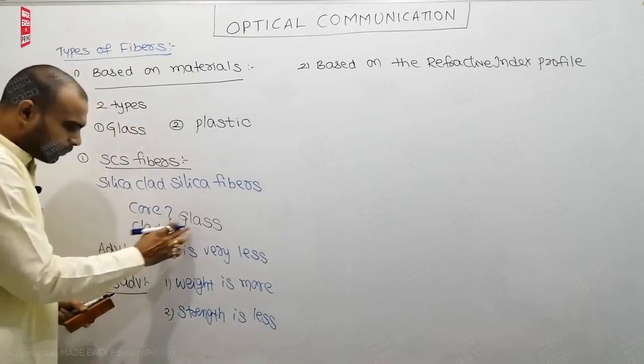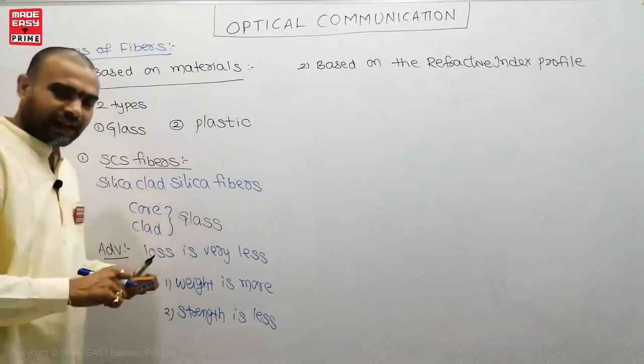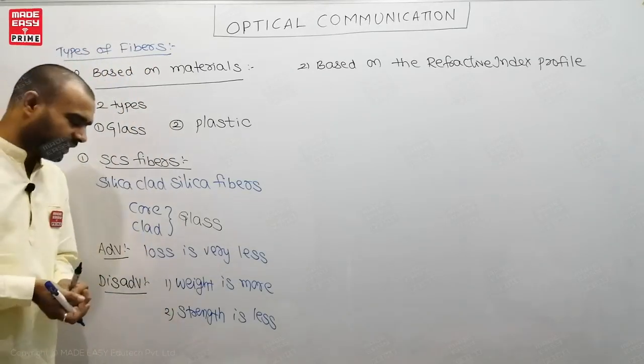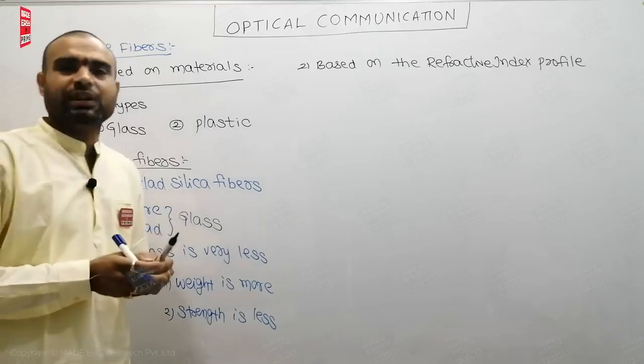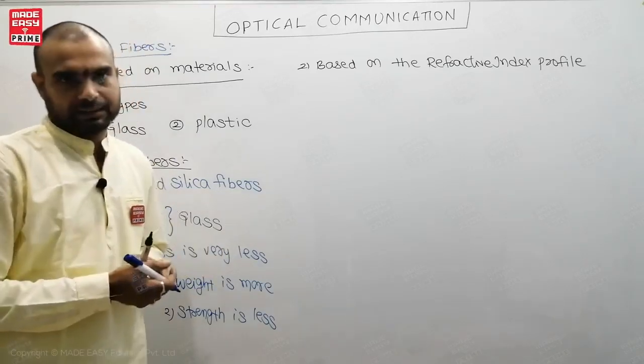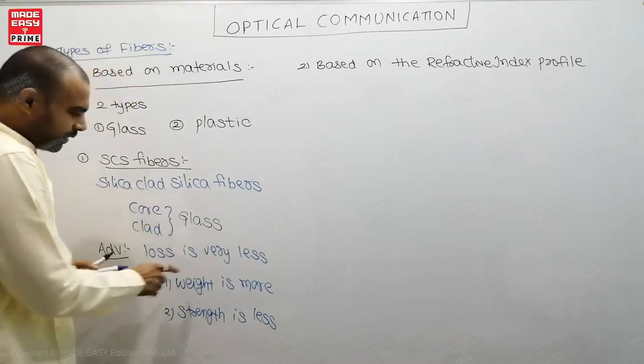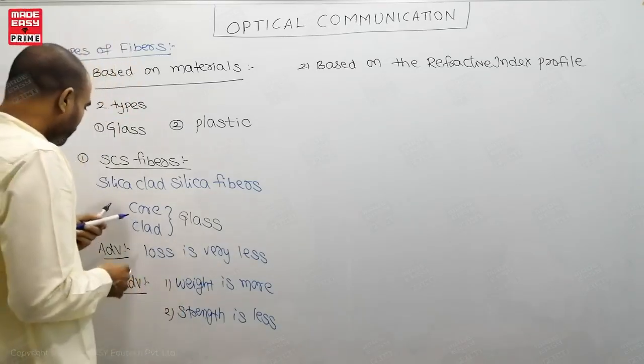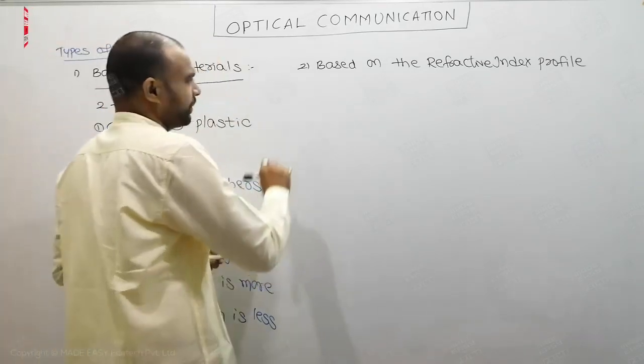Because core and clad both are glass, which is brittle in nature, the strength of the fiber is very, very less. So to overcome this problem and also keep our loss low, we are going to use other fibers.